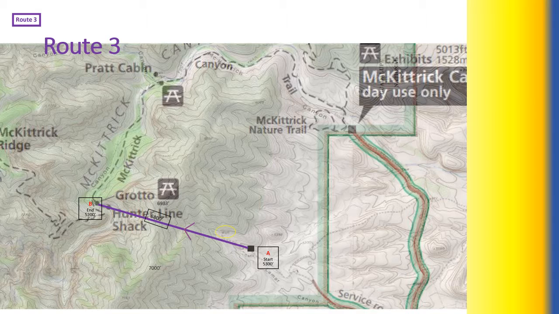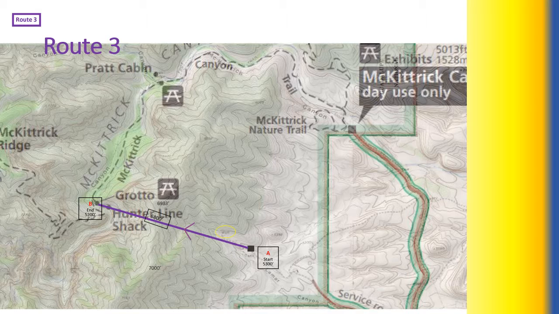So rather than starting here at the beginning of the trail, there is a service road here, those little dashed marks that lead to a well in part of the mountain. So starting here at 5,300 feet, elevating up to the peak of this mountain top, and then coming back down again to the grotto. So that's the third option.